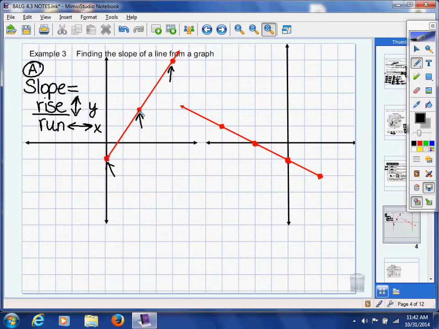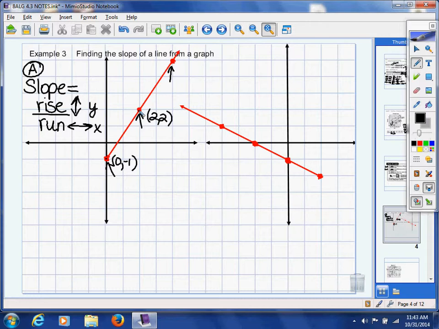So this is (0, -1). This is (2, 2). And I want to go from (0, -1) to (2, 2). That's my goal. And I should be able to find the slope of that line using rise over run.